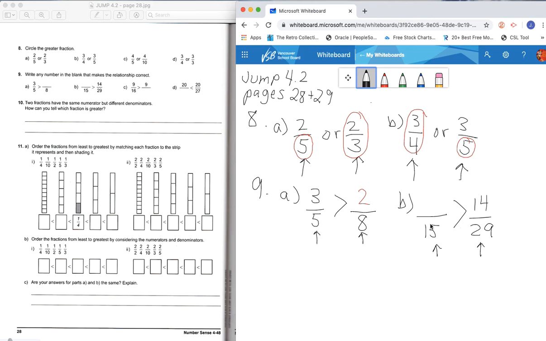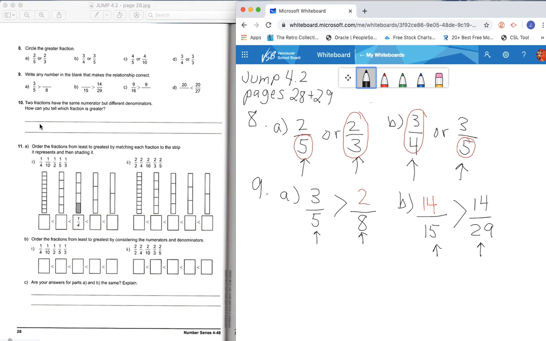Okay? So again, you can choose any number that is less than 15. Okay? So if you want, you can choose the same numerator. So you can do 14 and 14. All right? And that should get you started. And so you're going to do C and D yourself.